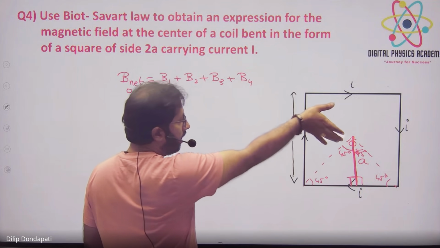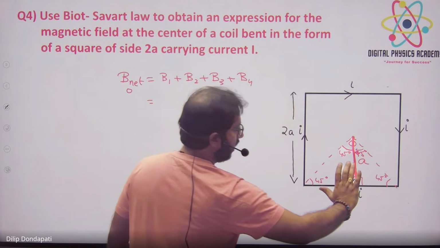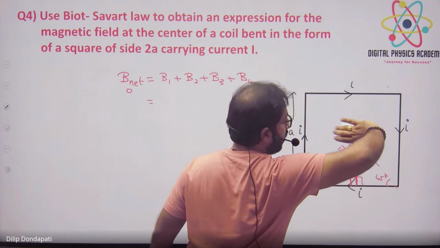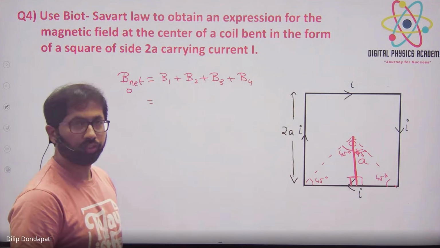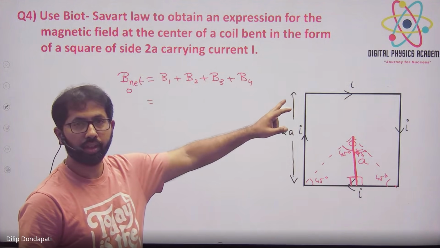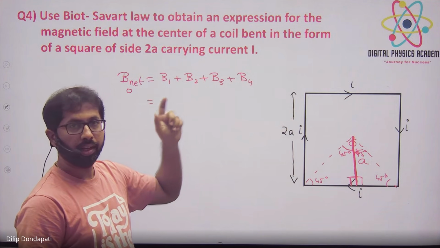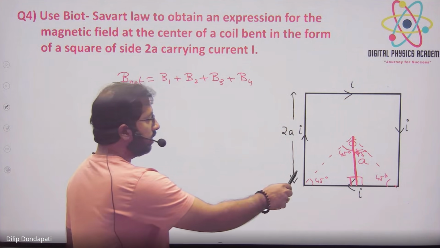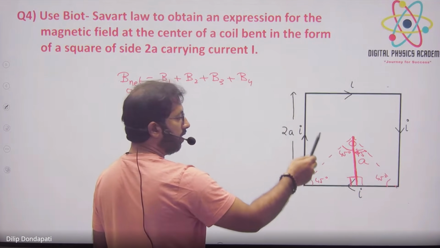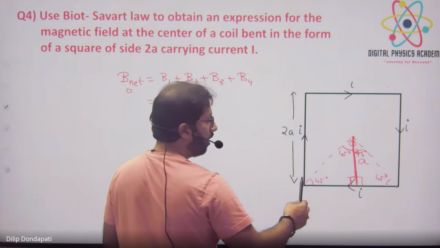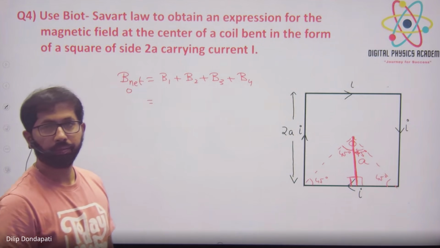So it is inward because of this, inward because of this, and inward because of that. In all directions it is inward. That's why we are adding B1 plus B2 plus B3. If any one conductor is opposite, you have to put a minus. Right hand thumb rule. Now find it. Since all distances are the same, all things are the same. If you get one magnetic field and multiply by 4, you will get the answer.